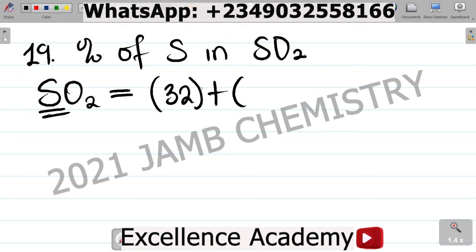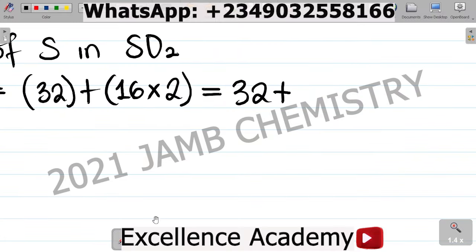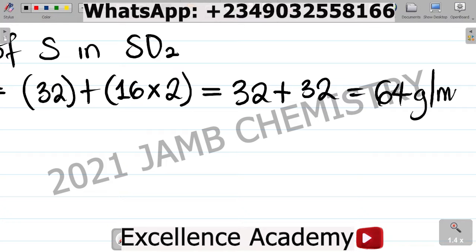This plus, for oxygen, the atomic mass is 16. So it becomes 16 times the number of atoms. You have 2 atoms of oxygen. So times 2. If I work on this, this becomes 32 plus 16 times 2 gives you 32. That becomes plus 32. And that becomes 64 gram per mole.